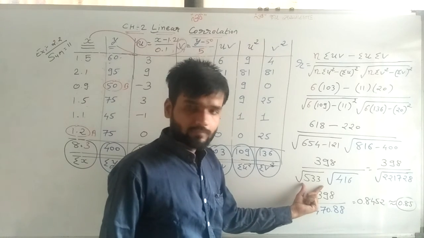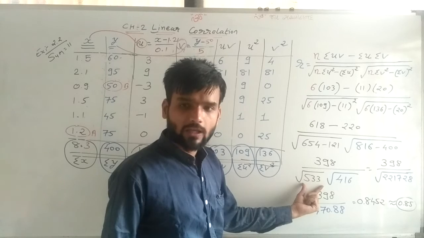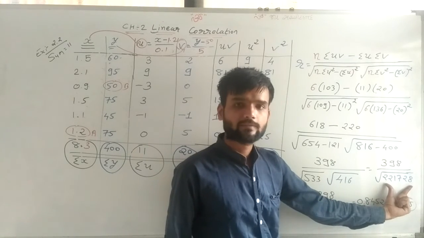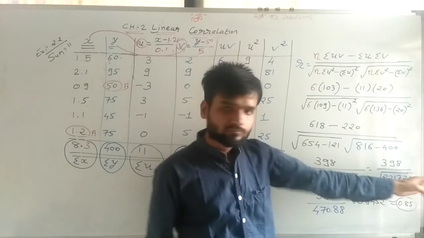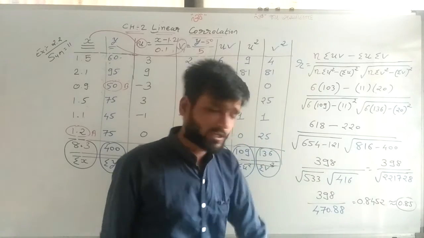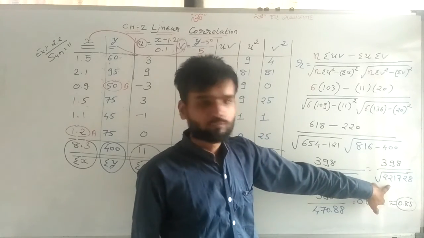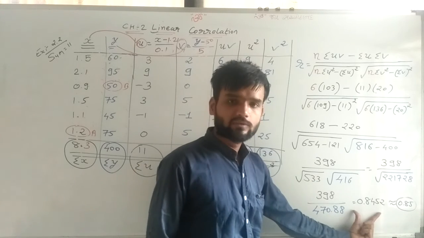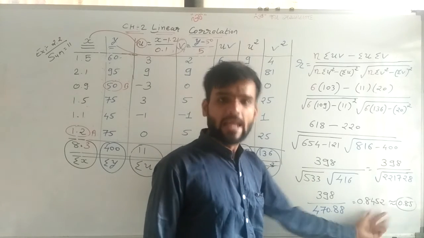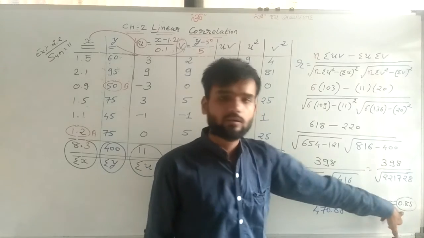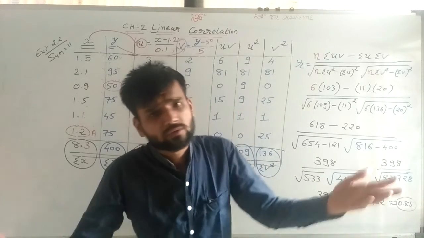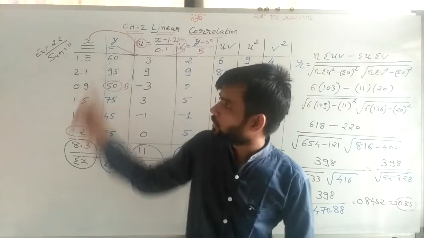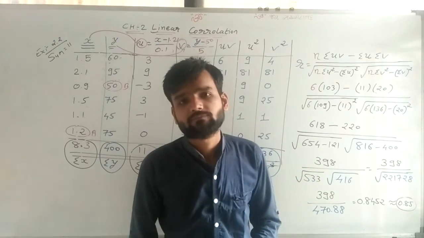First of all, I multiply the two values, 533 into 416, and its answer is this, and it is in root. Then you find the root of this value. It is 470.88. Now the division of this gives 0.8452. Approximately we can convert it to 0.85. That's it. So this is the answer for question number 11.